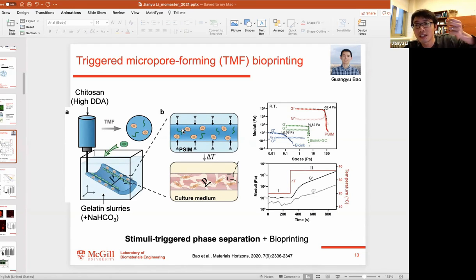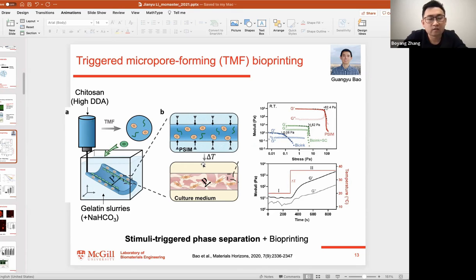Essentially, they will take out some of the charge on the primary amine, inducing the phase separation. That is the first step, and then we move it to a higher temperature, and that will further reinforce the matrix, and also remove the gelatin supporting matrix at the same time.